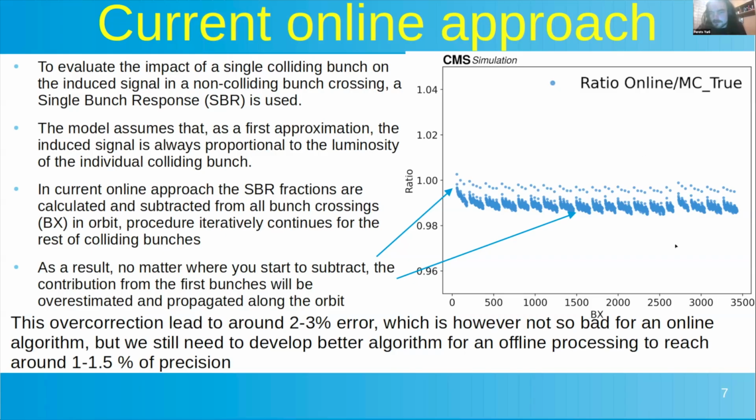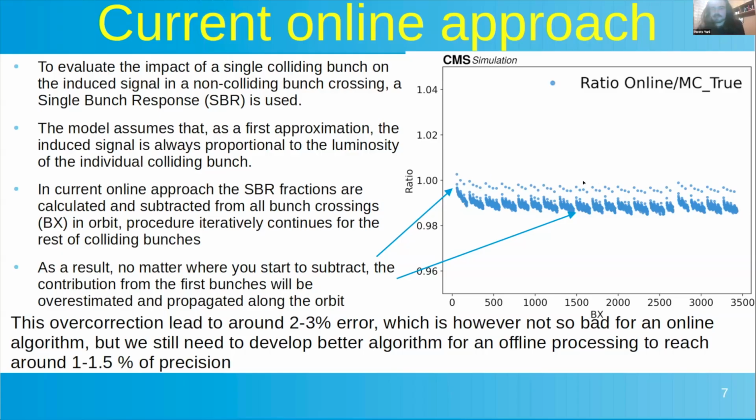You can see here the Monte Carlo simulations, and in the ideal case, we should have corrected values and Monte Carlo truth simulations lying around 1. It means we corrected our values in the true manner. But as you can see, the current online afterglow algorithm provides some overestimation.